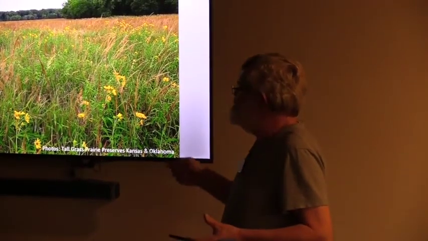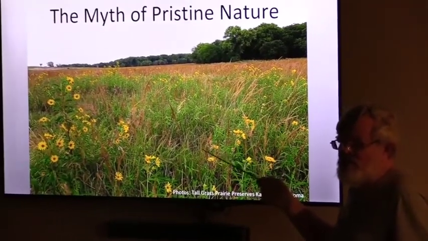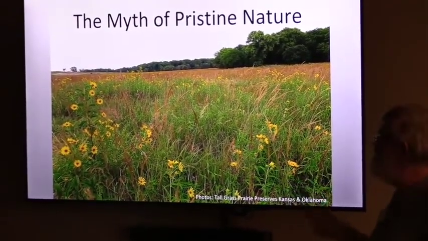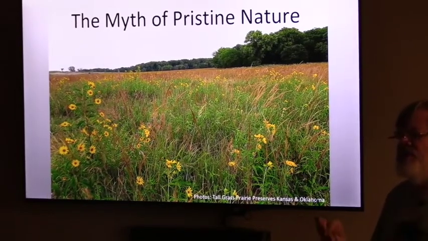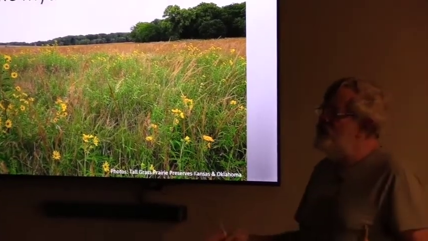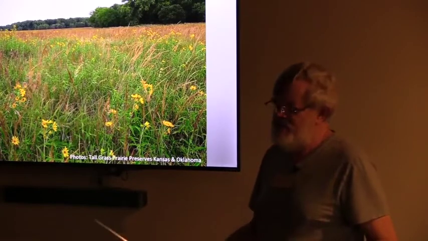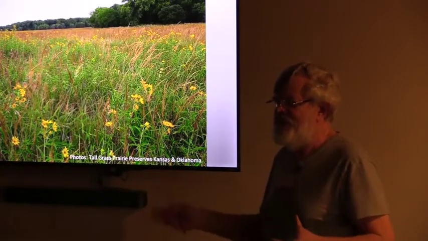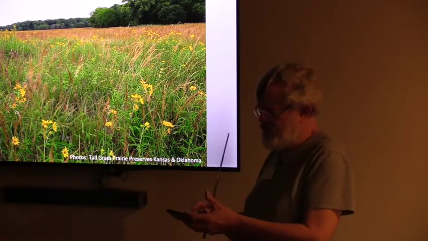So when they came to America and they saw deep grasslands like tall grass prairies, they assumed that that was the work of nature. Nature did that all by herself, because heaven forbid those savages running around in loincloths could possibly have been a major factor in this process.